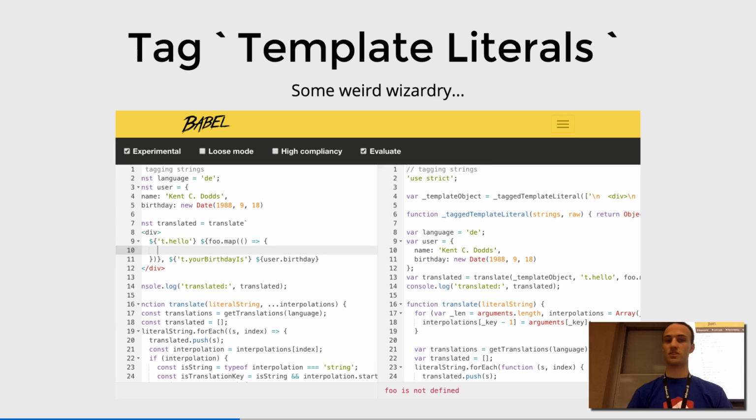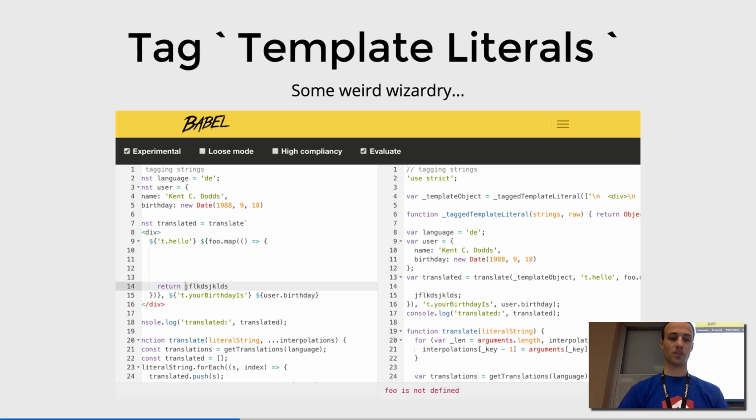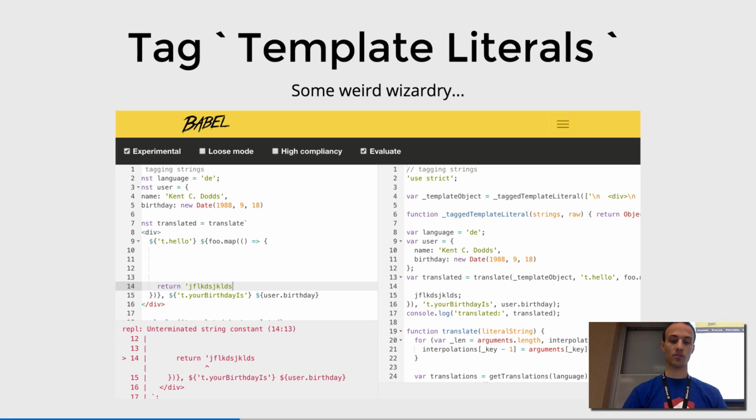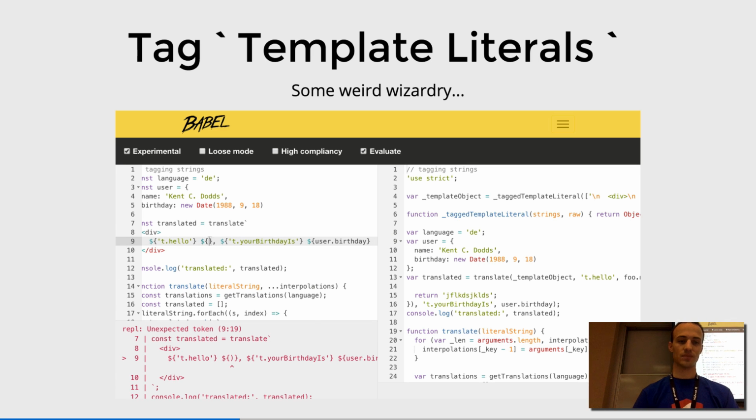I can go really crazy, and as long as I return something, or even if I don't return something, whatever is returned will be used in that position. Pretty crazy stuff. I would recommend that if you have anything complex in there, put it in a function just to keep things easier to read.